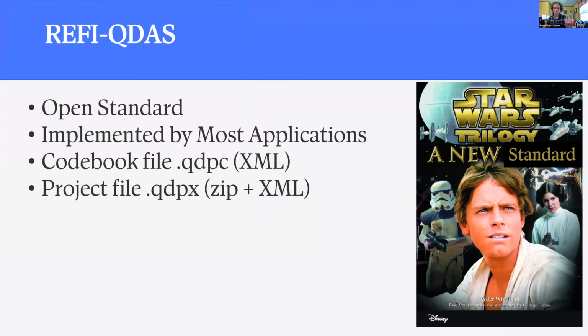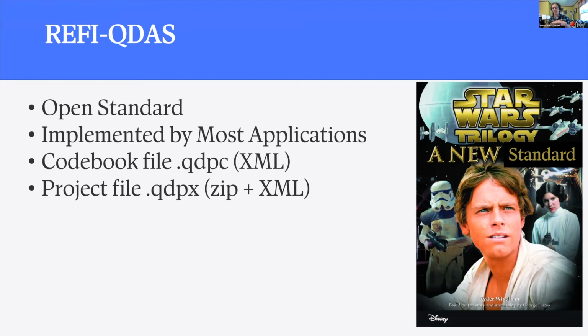The problem, as you maybe guessed from the beginning, is that early on, the different tools all had different formats. They were all proprietary. They were all changing, and it was a huge mess. About 3 years ago, most of the major producers got together and agreed on REFI-QDA as an open standard for the exchange of QDAS data between those tools.